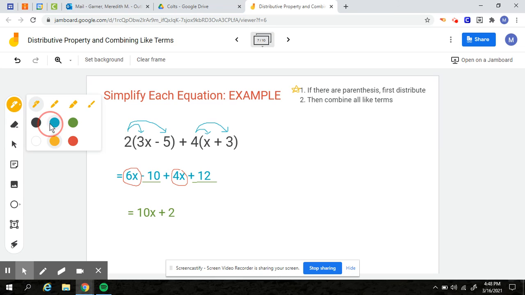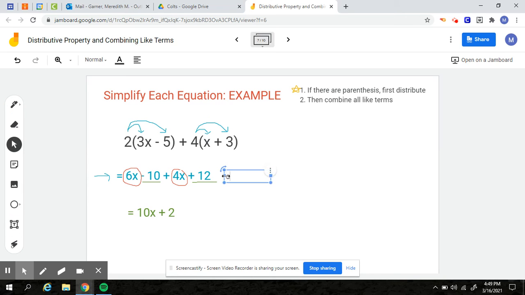All right, so you can see here, we put the blue arrows to show we distributed the 2, we distributed the 4 to get this second line, right? Once you are here, now you can combine like terms, all right? So you can see I circled the x's in red, I underlined the numbers in green. So our final answer here is 10x plus 2.